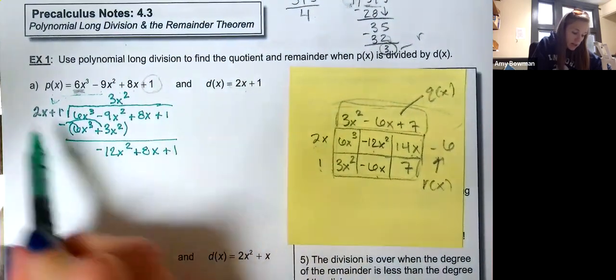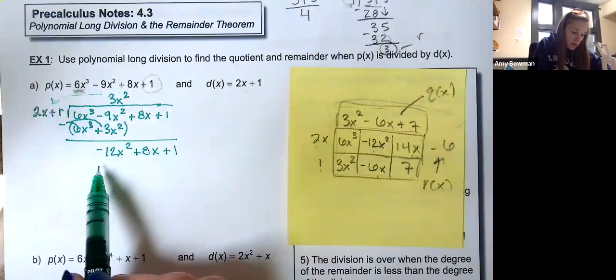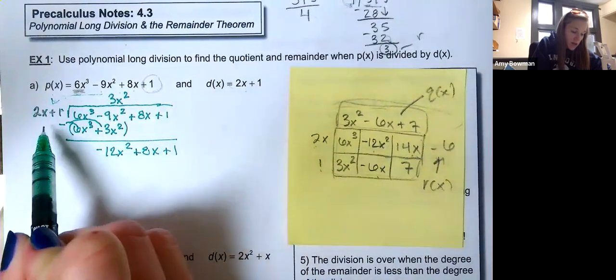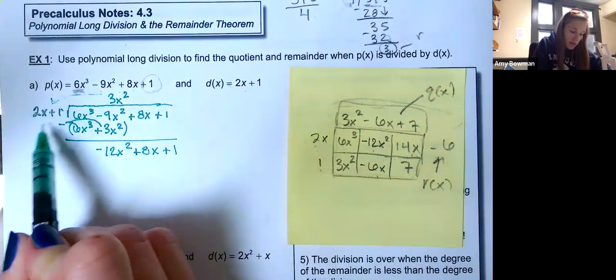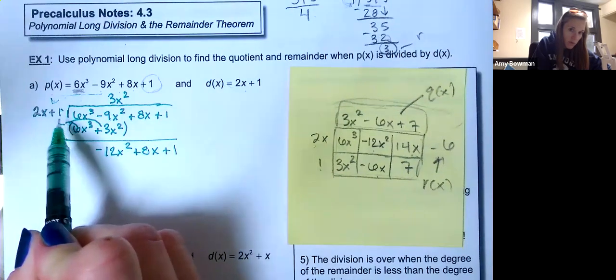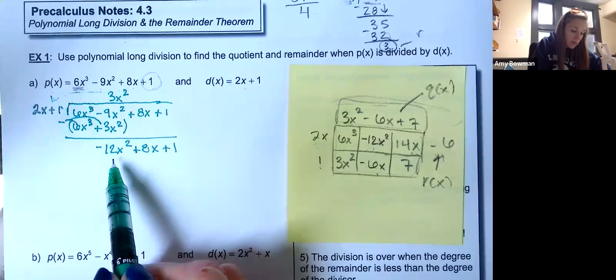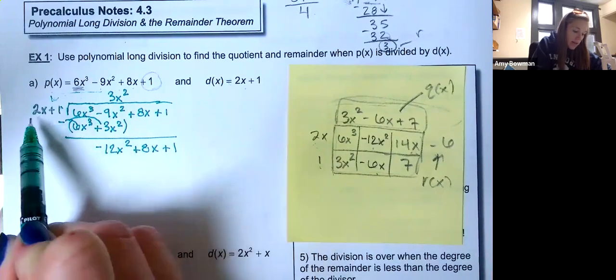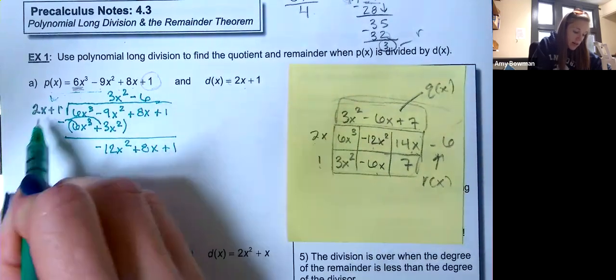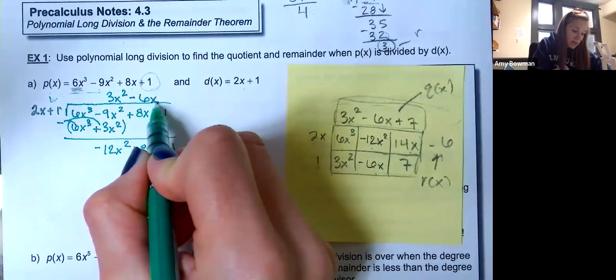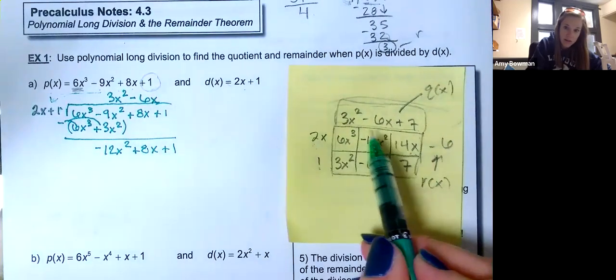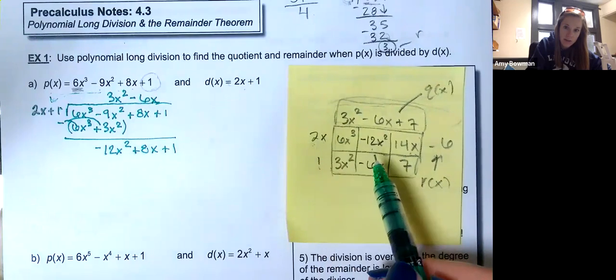So now I'm checking to see how many times 2x plus 1 goes into this polynomial. But again, I'm focusing on the 2x, and then we'll figure out how the 1 affects it as we go. So 2x times what is negative 12x squared? That would be negative 6, and then x times x is x squared. So negative 6x, and that's what we got here as well. 2x times what is negative 12x squared?